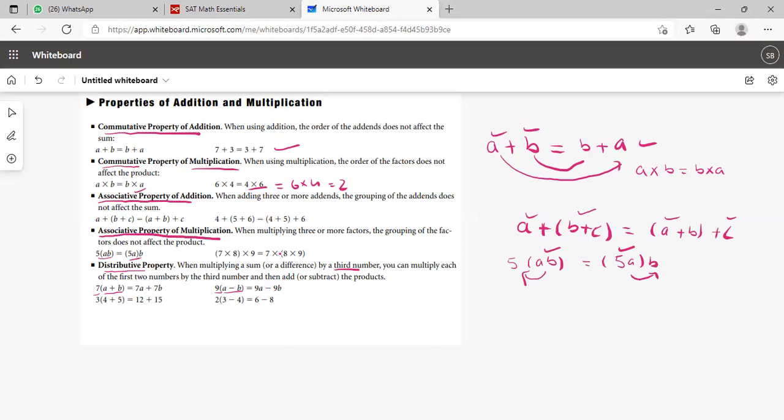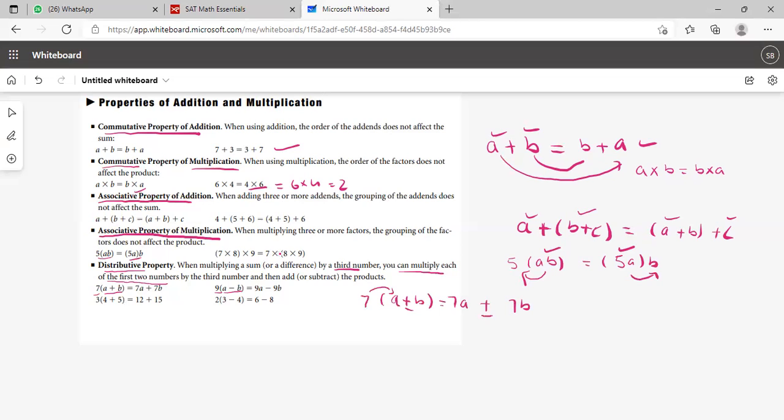You can multiply each of the first two numbers. So in this case, we have 7(A plus B). We are going to do it this way: 7A, we multiply these two numbers with this third number first, 7A plus 7B, and then this operator would come in between.